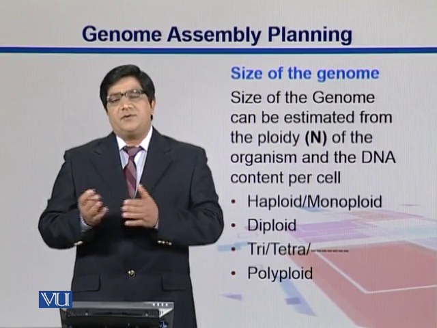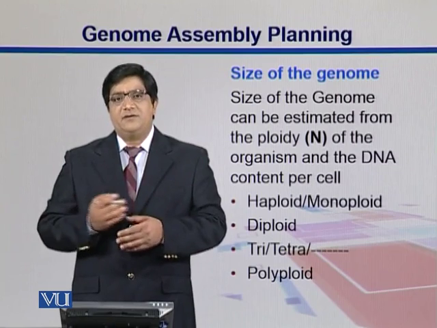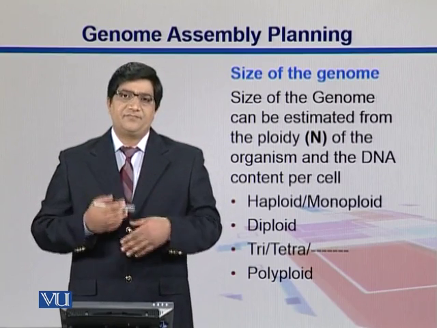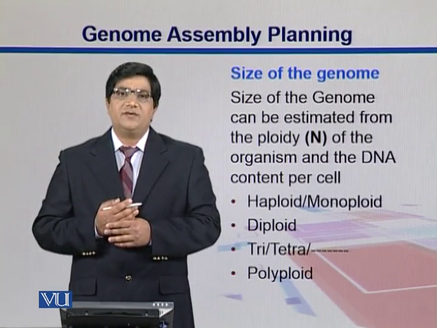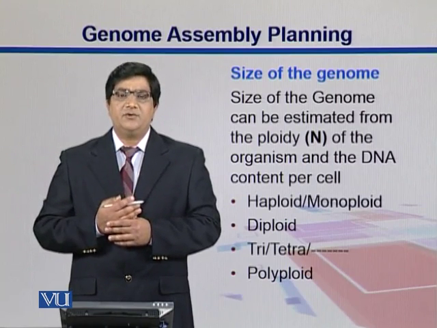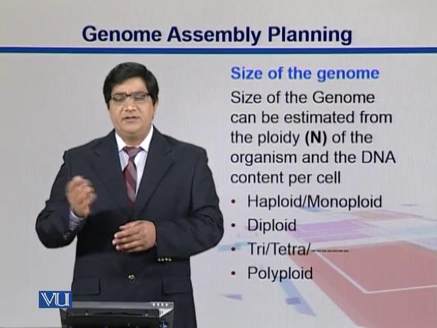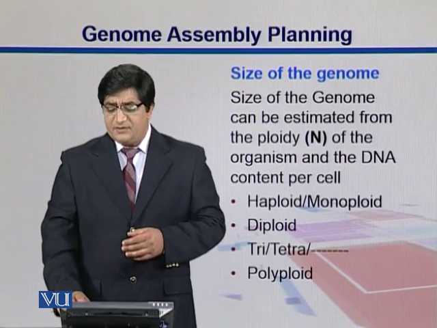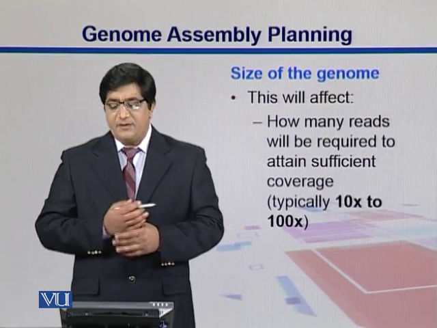Some species are triploids, and in this way the ploidy level can be up to many folds. If we have four sets of chromosomes, we call it a tetraploid, and polyploid is the term if we have many sets of chromosomes.